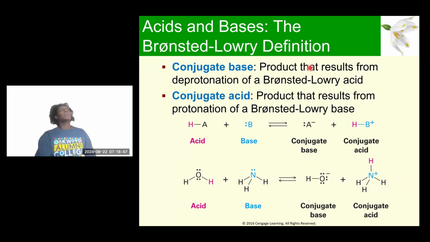So again, the conjugate base is a product that results from the deprotonation of a Bronsted-Lowry acid. So conjugate base is a result of the deprotonation, so the removal, de meaning removed or loss of, so deprotonation of the acid. And the conjugate acid is a product resulting from the protonation of the Bronsted-Lowry base. And so the base has been protonated.